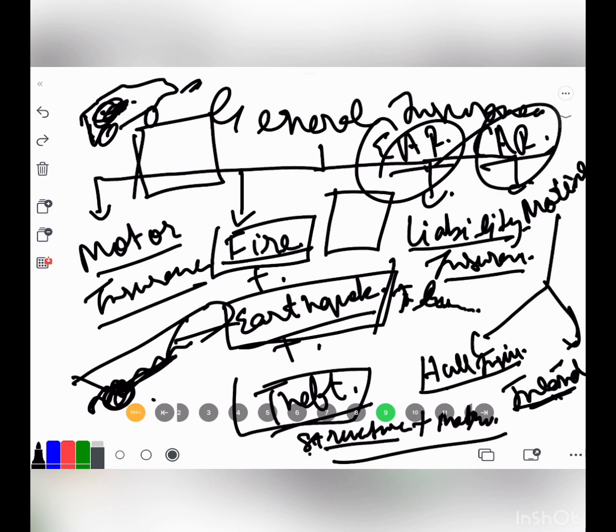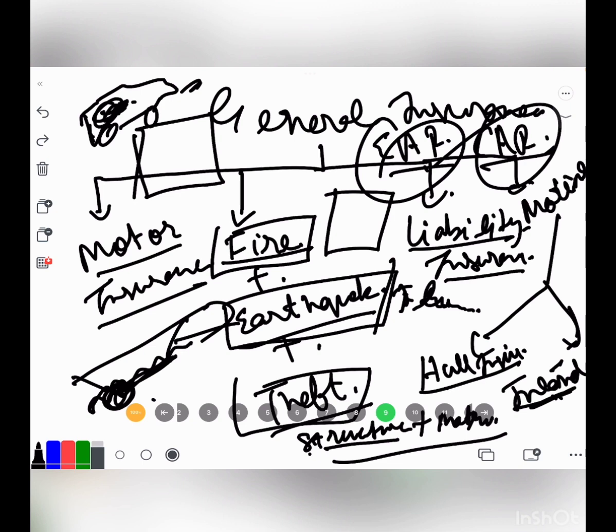Now in the next video I am going to talk about some principles of insurance and some basic concepts like pooling of risk and principle of indemnity in a little more detail, utmost good faith, then principle of proximity.